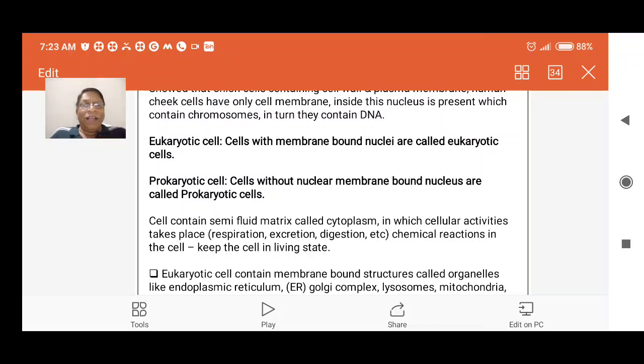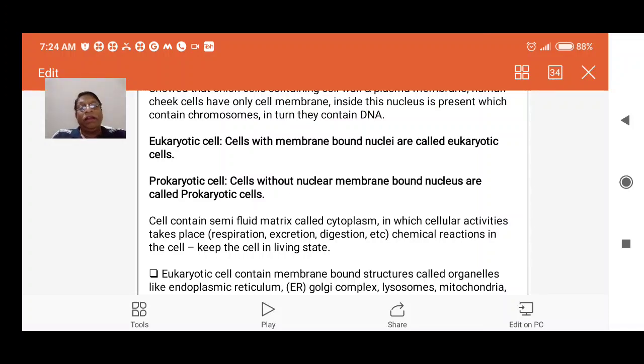the cell membrane inside contains, you can say, a semi-fluid matrix called the cytoplasm. Within the cytoplasm, all the cellular activities take place. Activities means metabolic activities, physiological functions which take place in the cytoplasm of the cell.